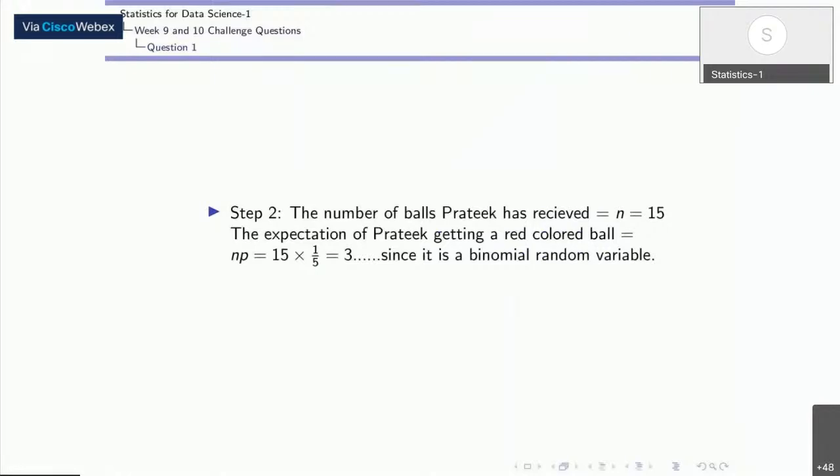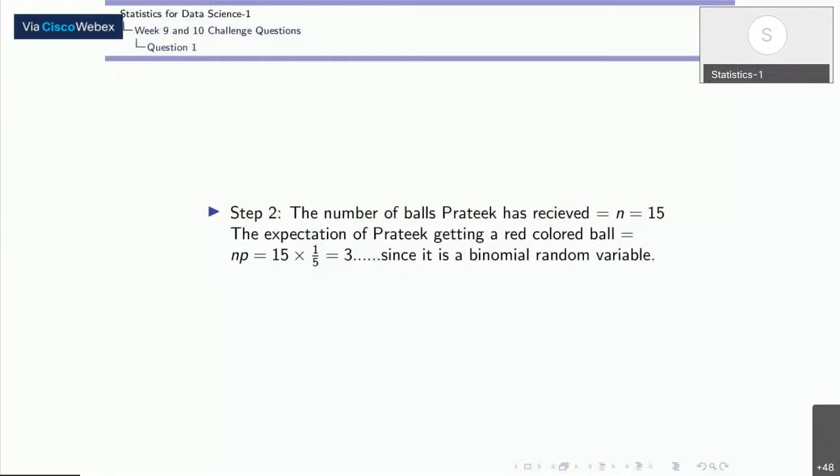So we'll see step 2. Step 2 says that the number of balls Pratik has received is equal to 15. That is the number of trials, so n is equal to 15. We know that this is a binomial experiment, or binomial random variable, and the expectation of a binomial random variable is n into p.